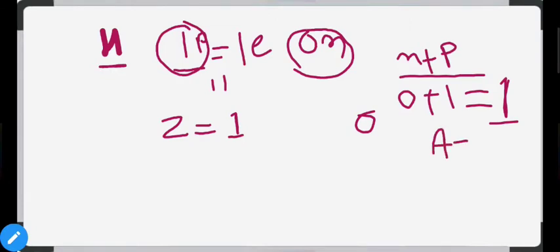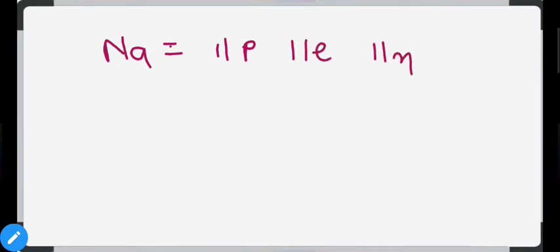So A is equal to 1 for hydrogen. Now similarly, let us calculate for sodium. In a standard sodium atom, we have 11 protons, 11 electrons and 11 neutrons. The numbers of protons and electrons are equal, that's why this is in atomic state. So Z is equal to the number of protons or electrons in a neutral atom, that's why it is 11.